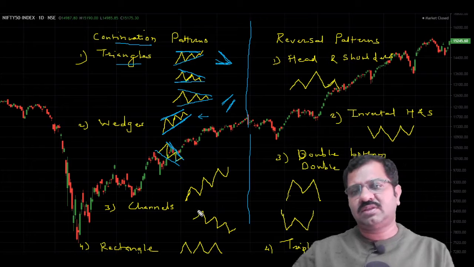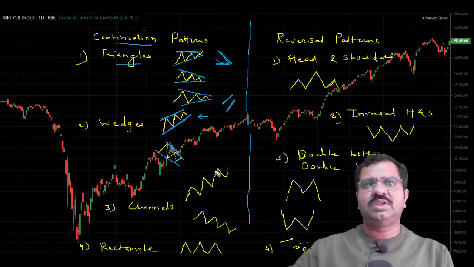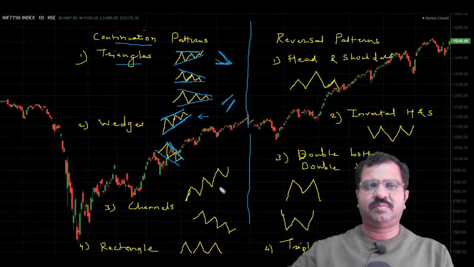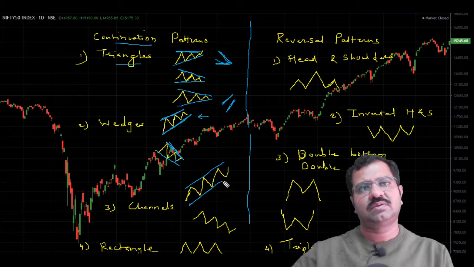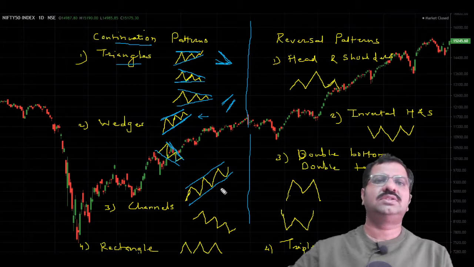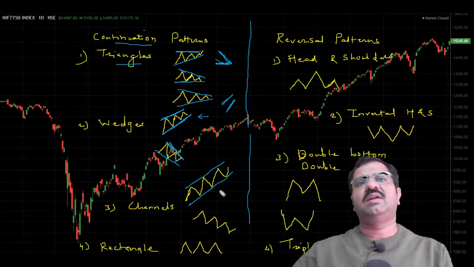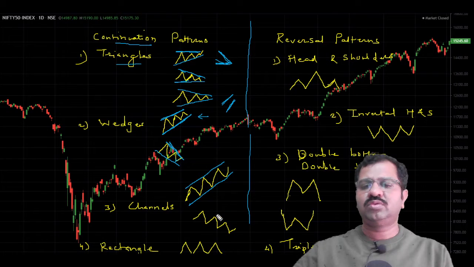But in channels, both these will move parallel. Both support and resistance lines will move parallel to each other. See, both these lines are moving parallel to each other. Again, it has two types.